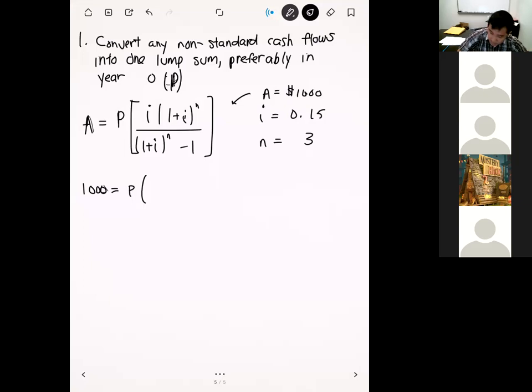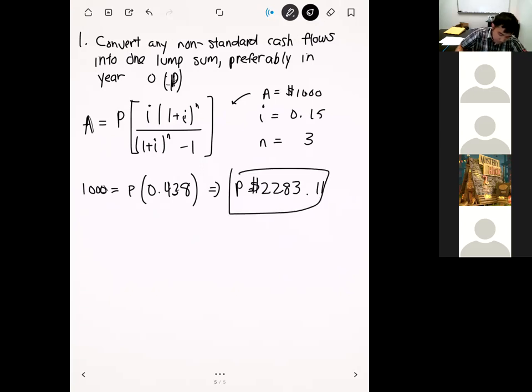This comes out to 0.438. I'm just going to use 3 decimals here. So P is equal to 1,000 divided by 0.438, which is $2,283.11. After performing this conversion, we have a situation that looks like this.